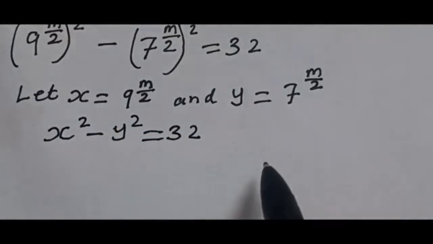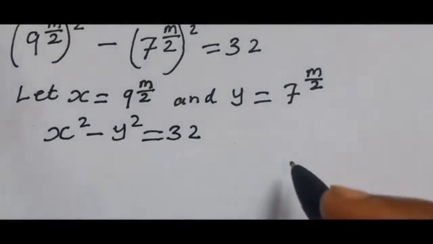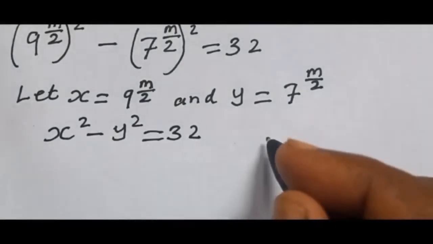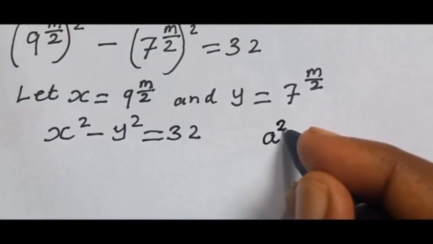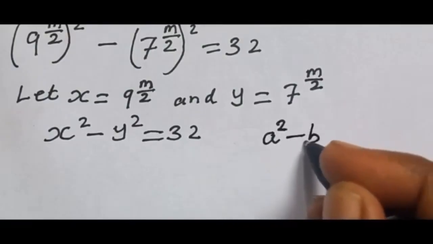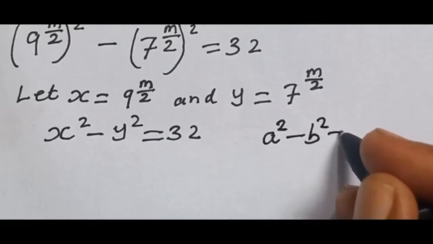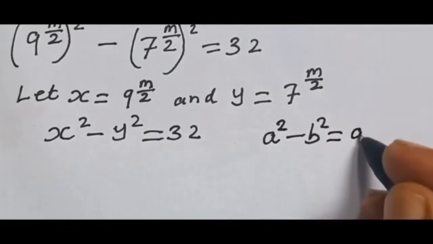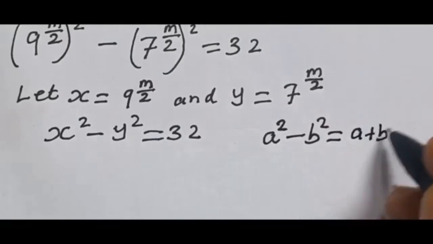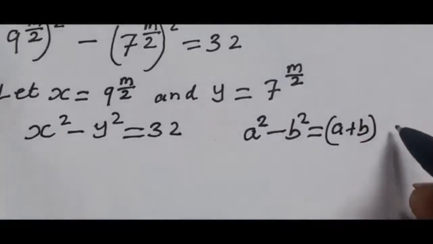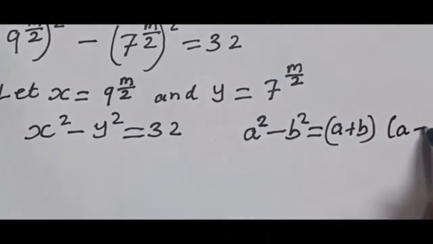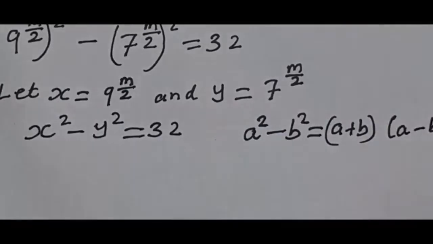How is it factorized? The difference of two squares is factorized as, for example here, we have a squared minus b squared, which equals a plus b in the bracket, a minus b.